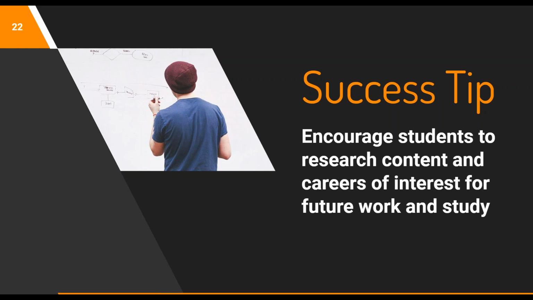Oh, sure. So we're going to jump back to some student engagement tips here, and we're just going to focus on a couple of strategies that you can use in addition to what you heard from Jill. One of them that we want to talk about as a quick tip is to encourage your students to research content and careers and fields of interest that they have for their possible future work or study. This is an andragogical principle that we should be using in our face-to-face classrooms anyway, right?